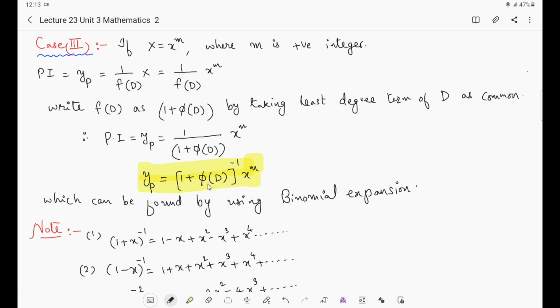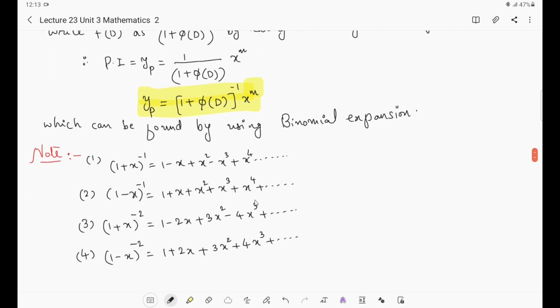For expanding this, it is in the form of 1 plus x whole power minus 1, so we have binomial expansions readily available. We are going to use any of these expansions. If we get 1 plus x whole power minus 1, where x is some function of D, then the expansion is 1 minus x plus x square minus x cube plus x power 4 and so on.